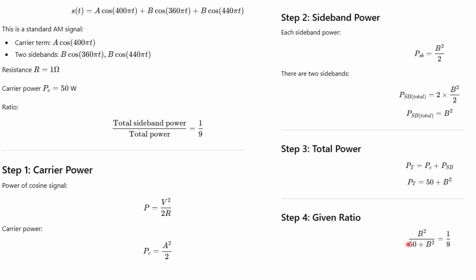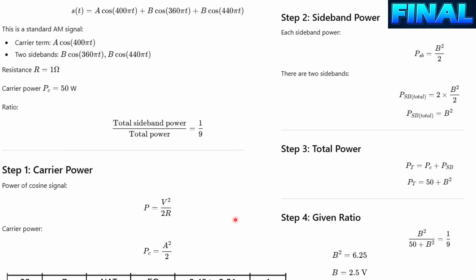Now further, A square by 2 is equal to 50, so B square divided by 50 plus B square is equal to 1 by 9. Solving further, you will get B equal to 2.5 volt. So this is the final answer, that is B is equal to 2.5 volt, right?